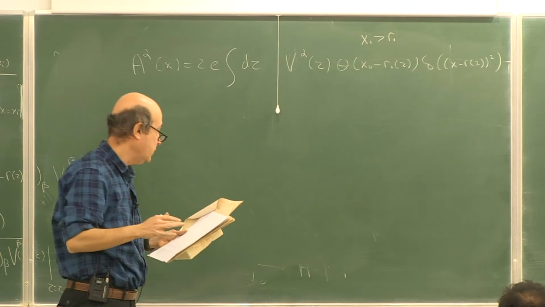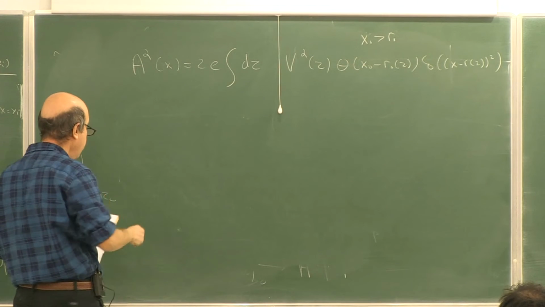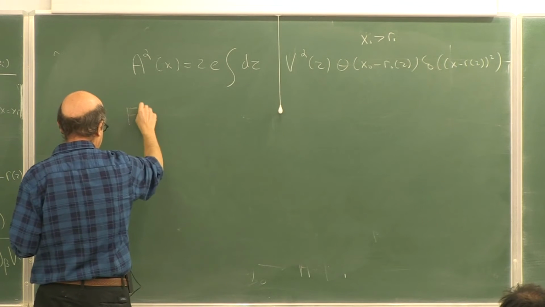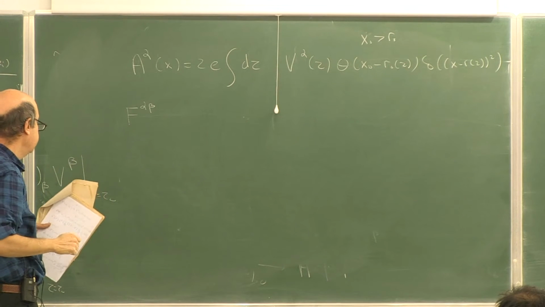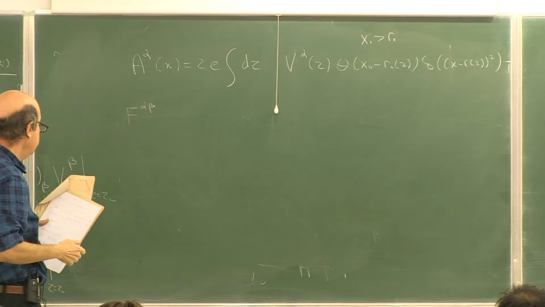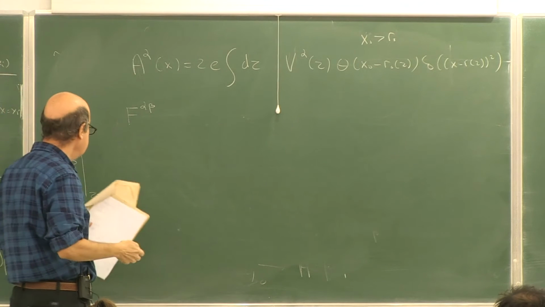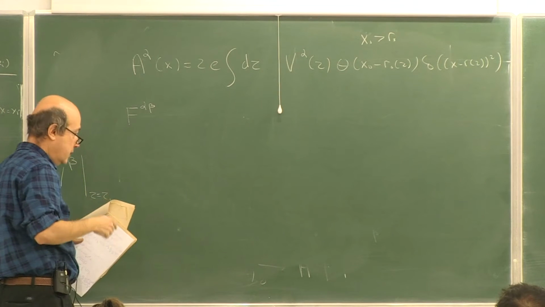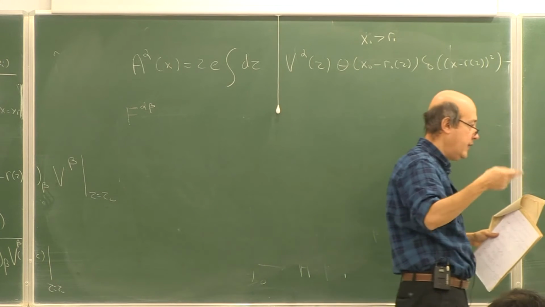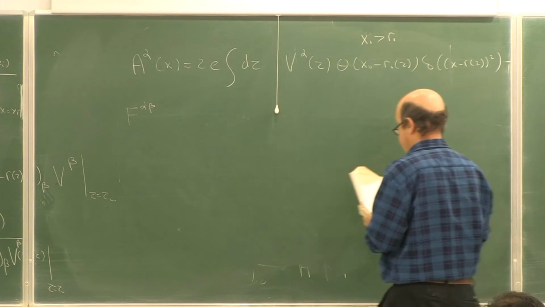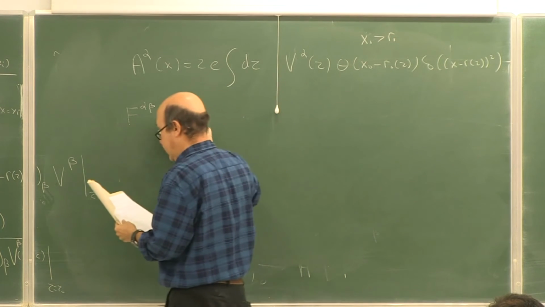Now let me concentrate on the calculation of the field strength tensor F alpha beta. So elements of this are del alpha A beta minus del beta A alpha. So let us try to calculate the elements.